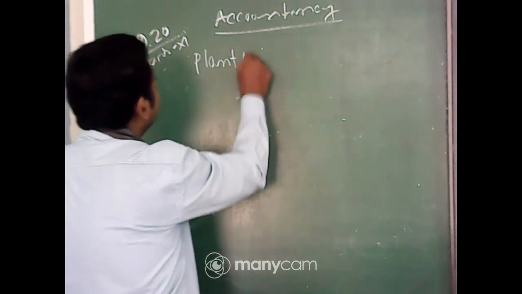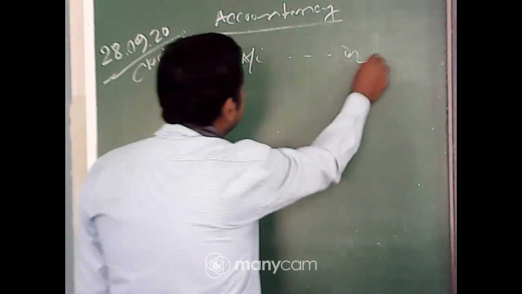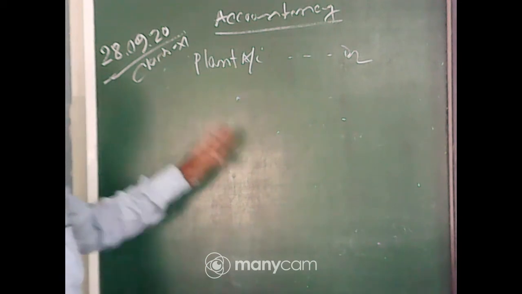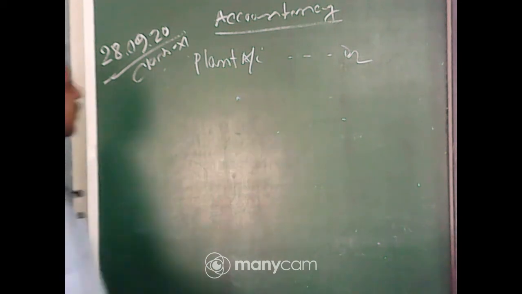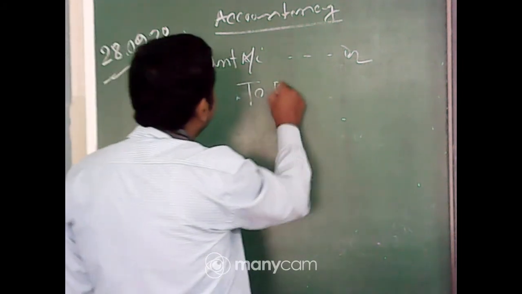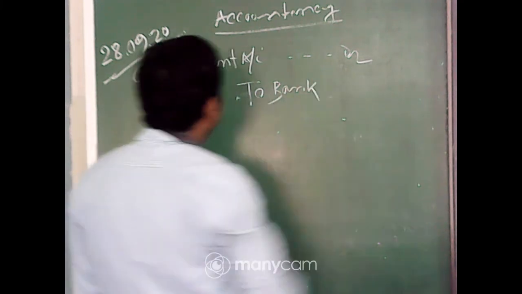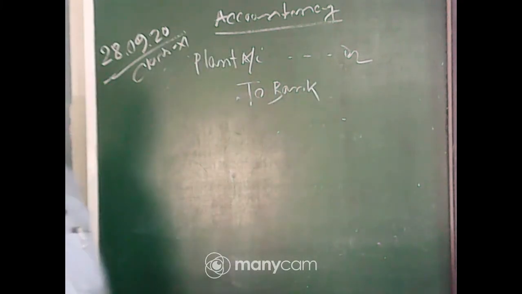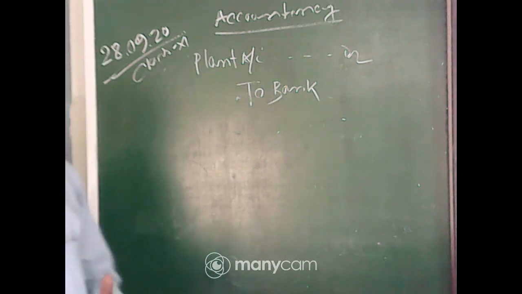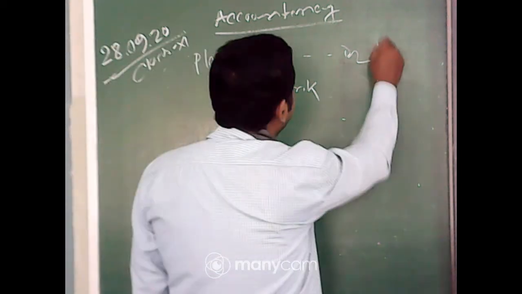I am not making the proper format of the journal here, but in your examination you have to follow the format. Here we charge 5,50,000, not just 5 lakh, because the installation cost has to be taken as a cost of the machine. So we can directly write 5,50,000.